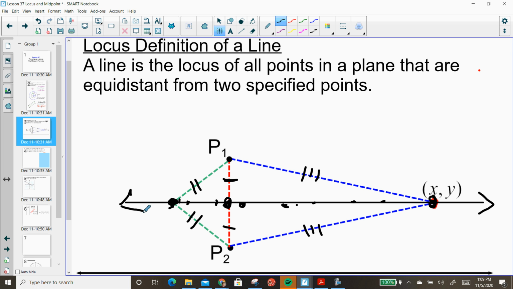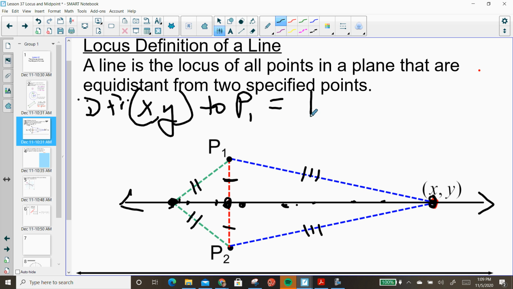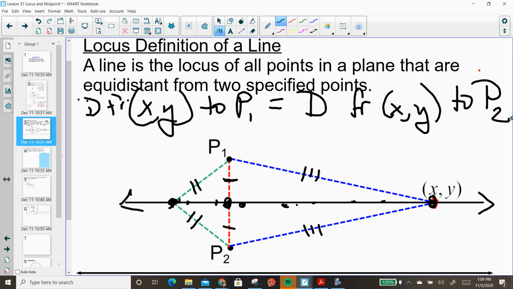So now what we're going to start doing is we are going to write the equation using the locus definition. So we are going to say that the distance from xy to P1 is equal to the distance from xy to P2.